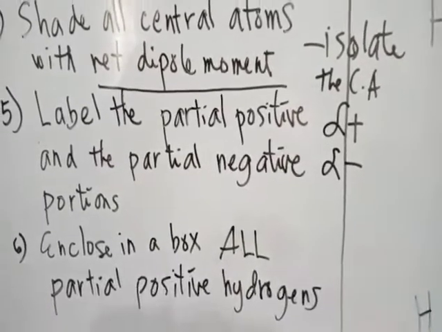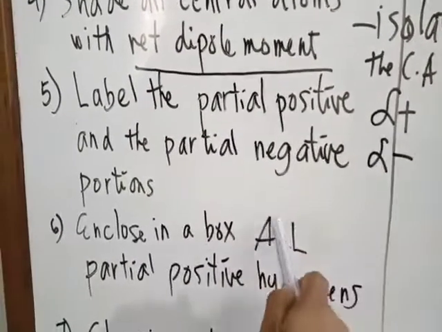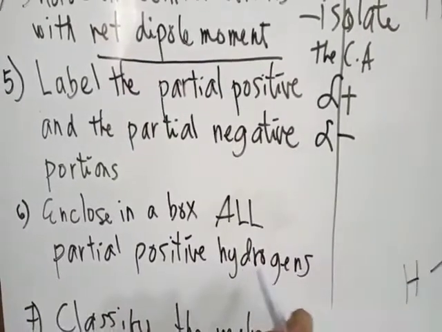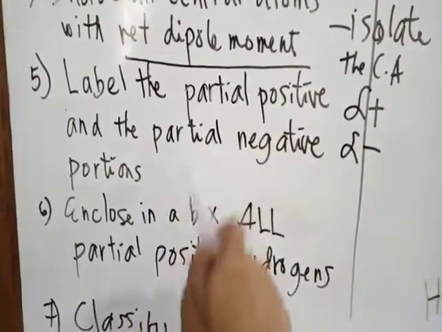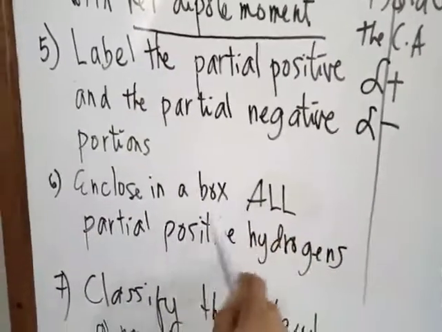And then number 6, you enclose in a box all partial positive hydrogens. So you will look for partial positive hydrogens and then enclose them in a box.